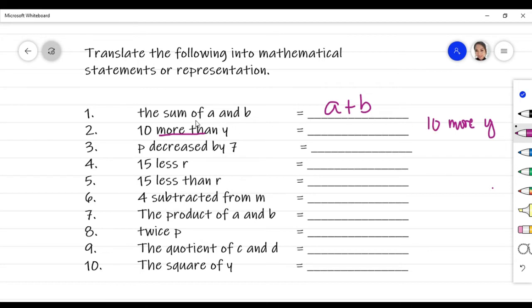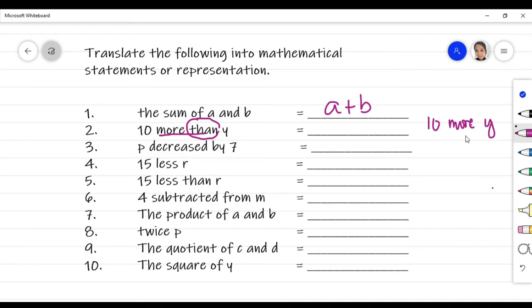So obviously there is a word here, than. Now the word than tells us that the order should be in a reverse form. So whatever comes last should be written first when you write its mathematical statement. While if we have here 10 more Y, we follow the order.